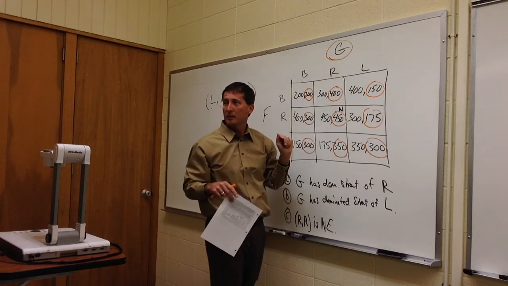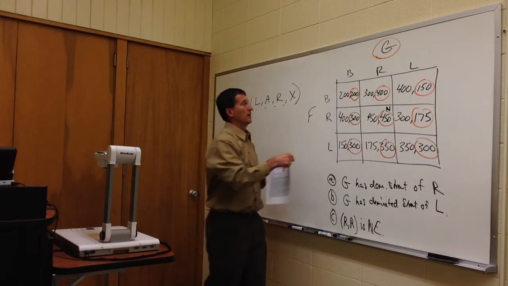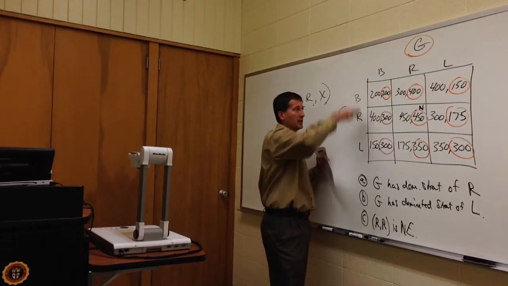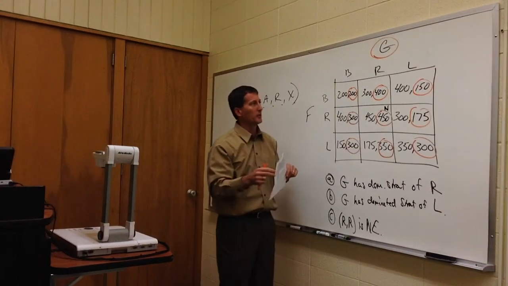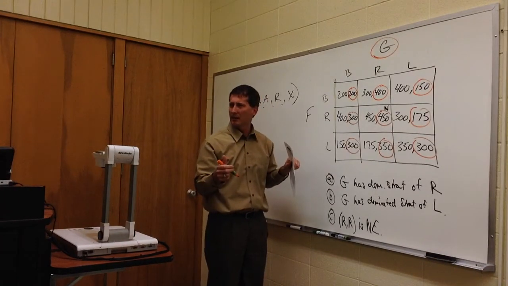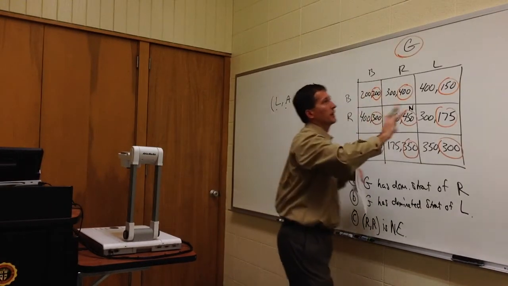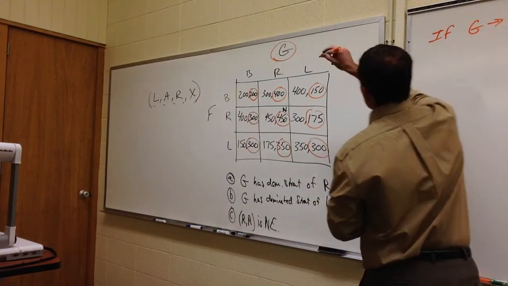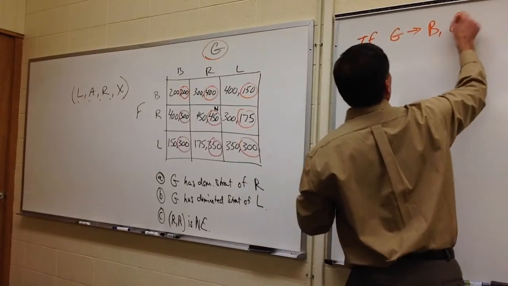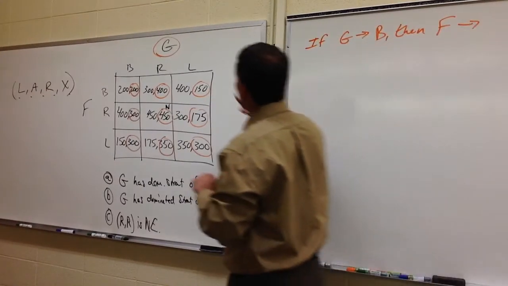So looking at the food for you, you would look at, obviously the left column, you would look up and down. That's right, because they're choosing this. And then the process that we went through last time, were you here on Friday? Yes. Okay. Because I wrote it out in longhand, you can go, if, I'll just do one, if G chooses to build, then food more should choose what?